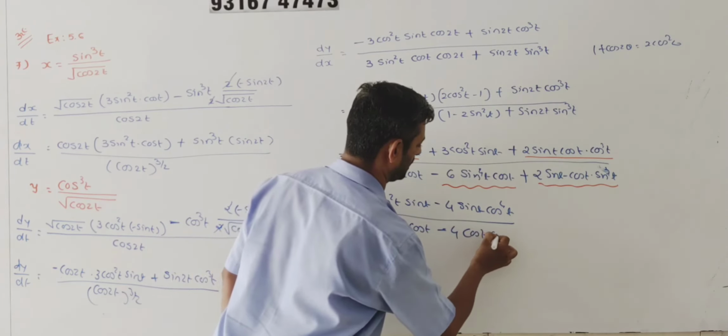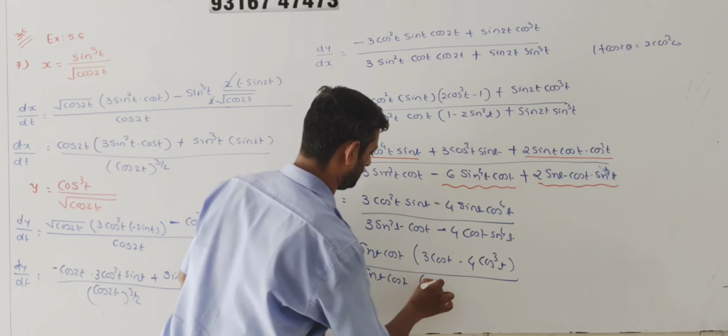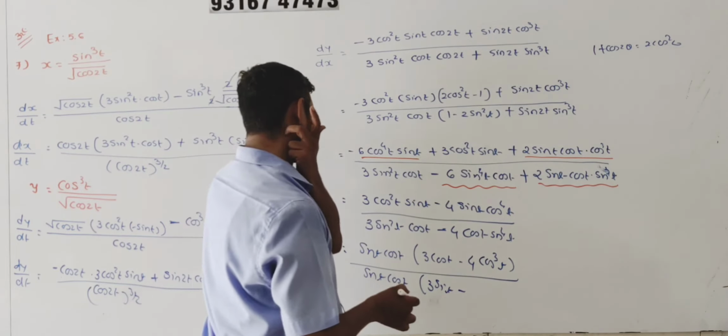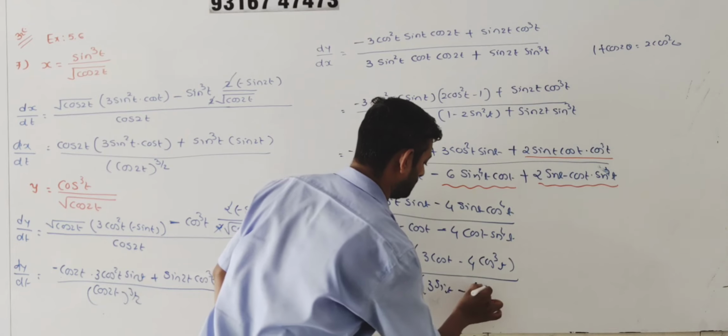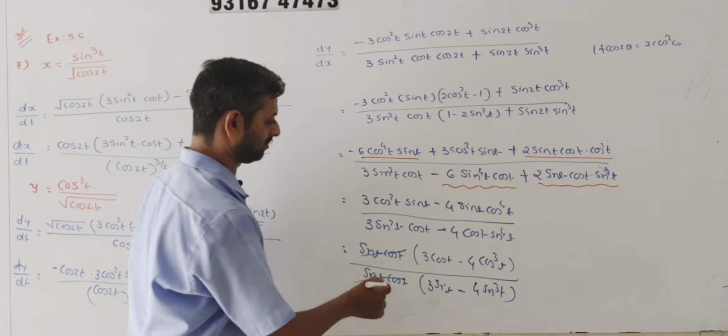So now what is common? That sin t cos t is common. So 3 cos t minus 4 cos cube t, upon sin t cos t is common, so 3 sin t minus 4 sin cube t. So this and this are common.